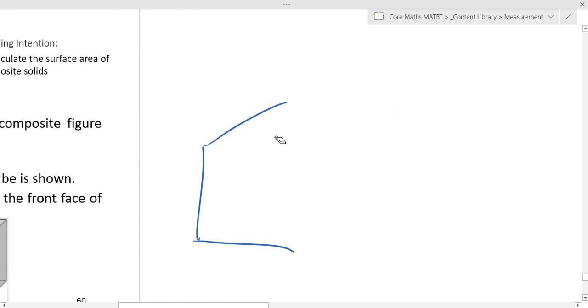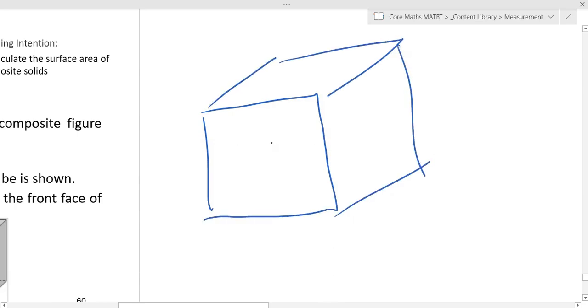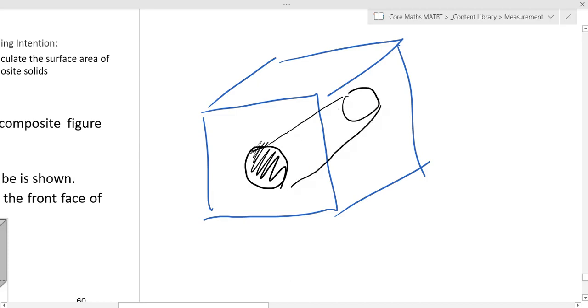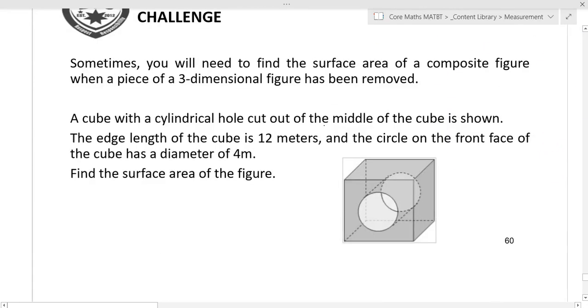That's a horrible drawing. Let me fix that up. So it's a cube like this, but then there's actually a hole on the inside. It looks like this, and it runs through the whole cube. So I want you to find the total surface area for this cube. See if you guys can do it.